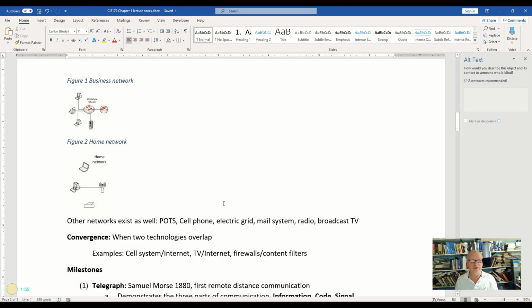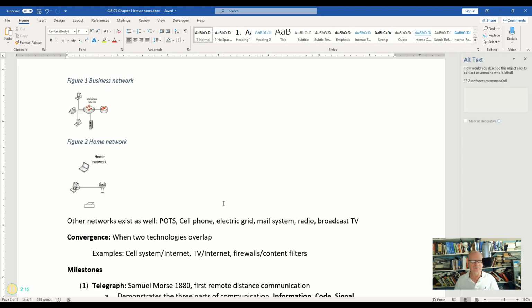Now, there are many other kinds of networks besides computer networks. POTS stands for plain old telephone system. So the telephone network was an early network that is still around and does not consist of computers talking to each other, although more and more some do across that system.